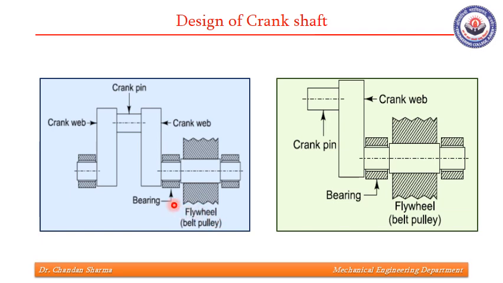So with some alterations here and there, we need to design a center crankshaft as well as an overhung crankshaft, and we have discussed their design procedure in detail in the previous presentations.